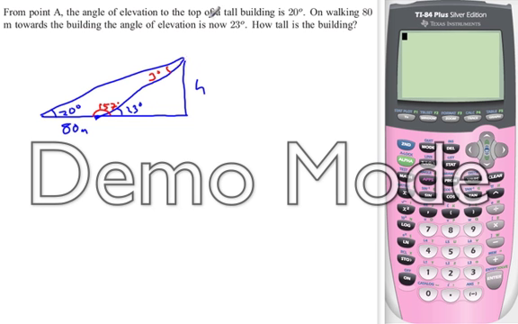So what I eventually want to work out is this height. If I know this angle and this distance here, then I've got enough to work out the height using SOH CAH TOA.